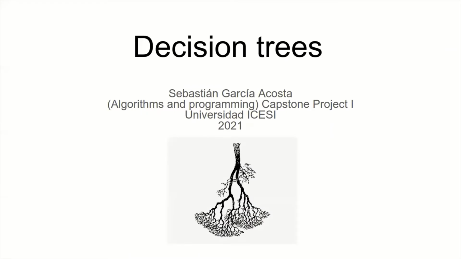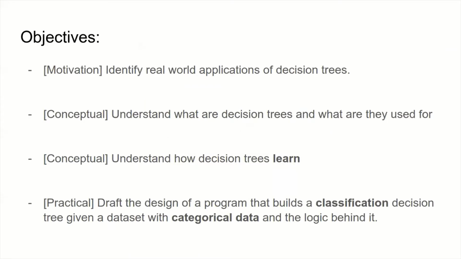So today we're going to learn decision trees. What are my objectives? Firstly, I want to motivate you. And thirdly, we're going to identify real-world applications of decision trees. Then we're going to understand what decision trees are and what they are used for in the industry, and whatever applications you want. Then we're going to understand how decision trees learn.